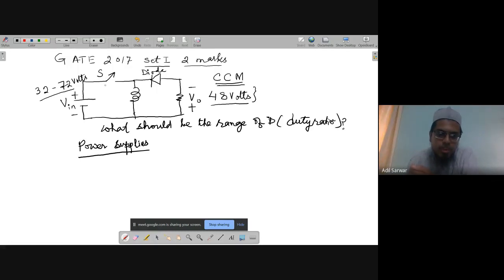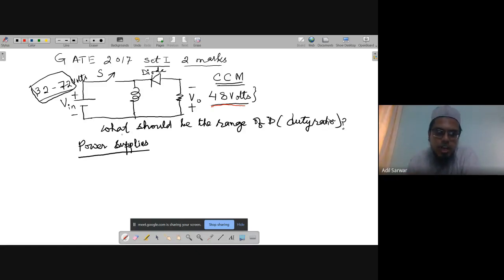Fine. So in this question you could see that the input voltage is varying a lot from 32 volts to 72 volts, and the output voltage still has to be maintained at 48 volts. That means we have to control the duty ratio D in such a way that whatever be the value of input voltage from 32 to 72 volts, the output voltage should always remain at 48 volts.